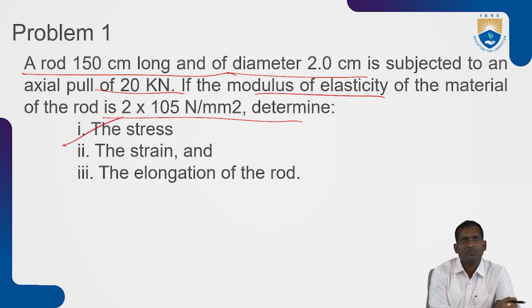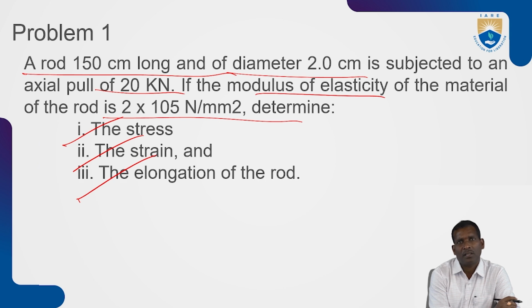Already we have studied stress, types of stress and how to calculate, and strain and elongation also we have learned. Apply the stress formula, substitute the given values and calculate.